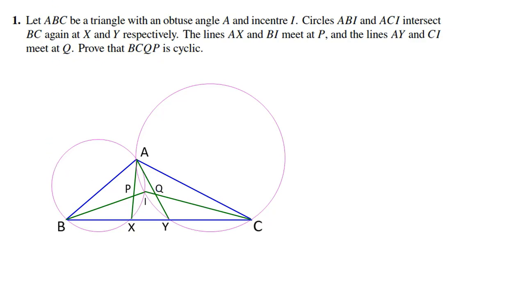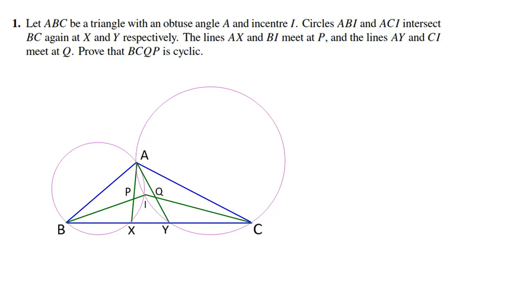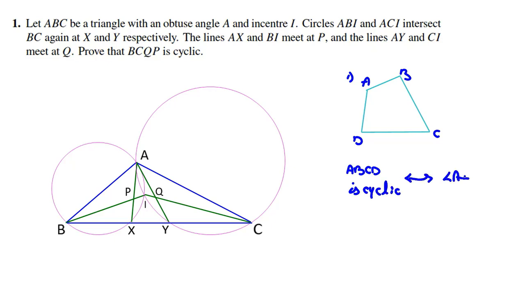When we want to prove that a quadrilateral is cyclic, there are 4 rules. 2 of them are related to angles, 2 of them related to lengths. For example, the first rule is that ABCD is cyclic if and only if A plus C is 180.